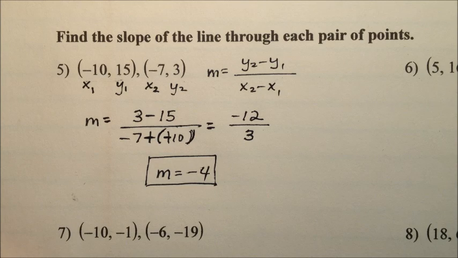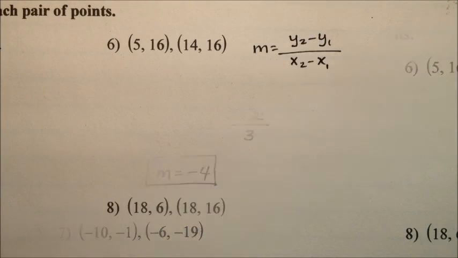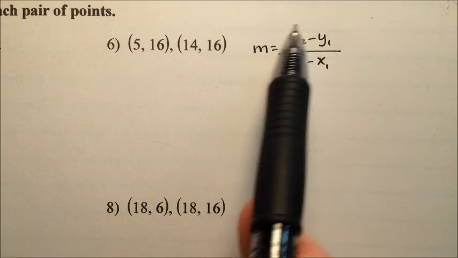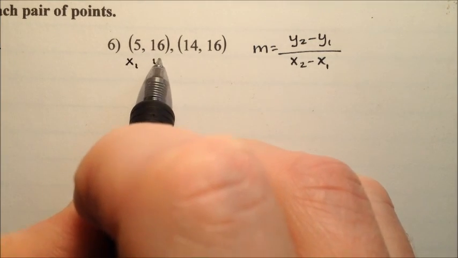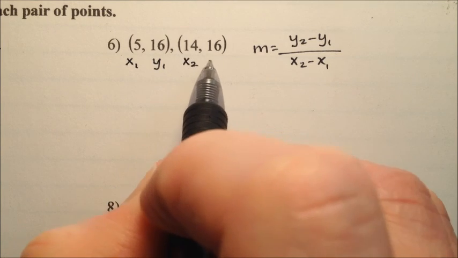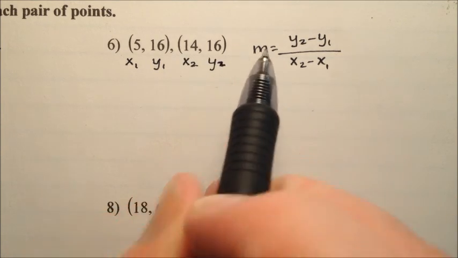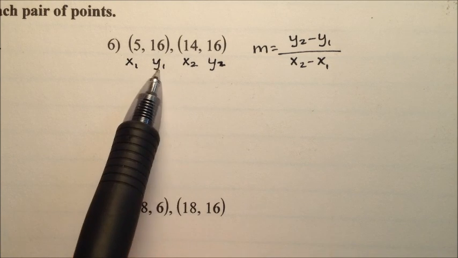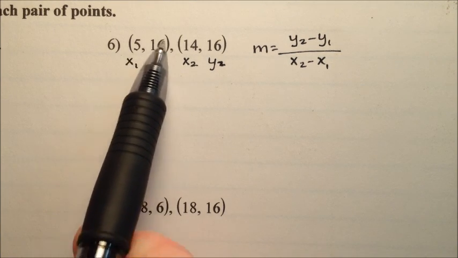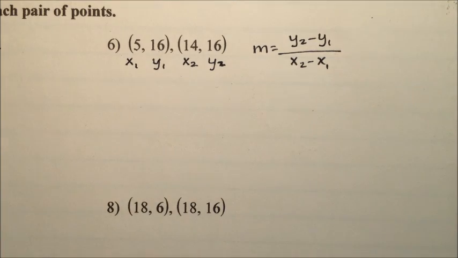M equals negative 4. On number 6, I went ahead and wrote the slope formula over here again for us. This should be x1, y1, and then x2, y2, given our points, because the first coordinate is always the x-coordinate, the second coordinate is always the y-coordinate. We'll call this one our first point, and this one our second point.